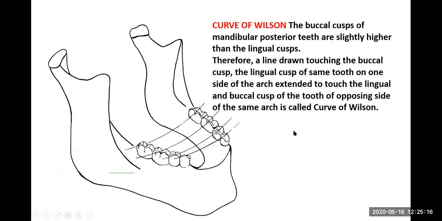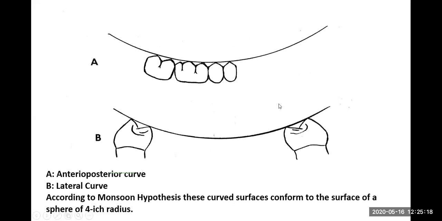Now, curve of Wilson, we have defined it. Then this is further defining the curve of Spee and of Monson. Now, the B here, the lateral curve, is showing you what I just described about curve of Wilson. You see, the line takes off from the buccal cusp of this tooth. You can see my pointer, and it's touching the lingual cusp.